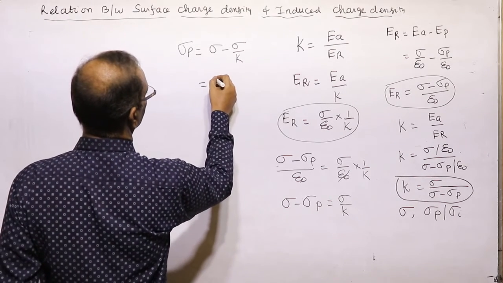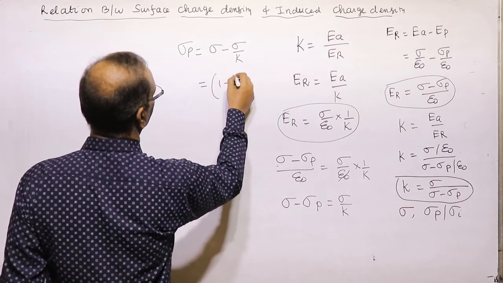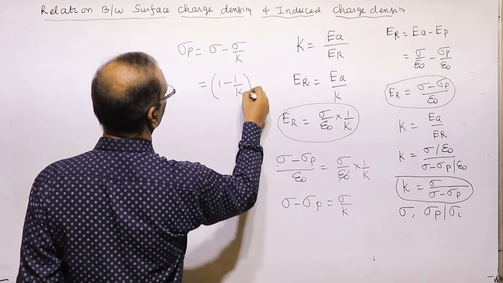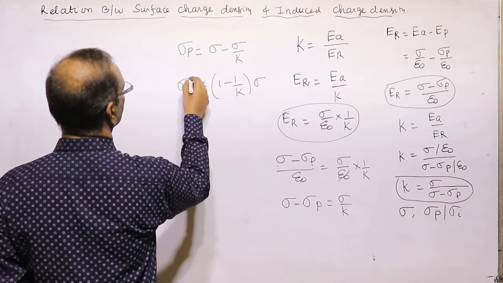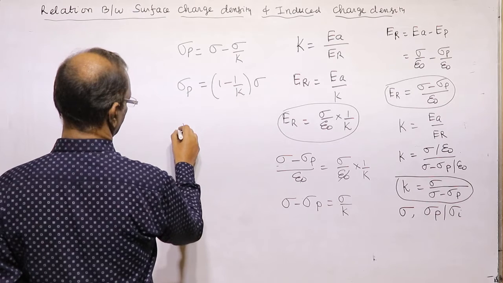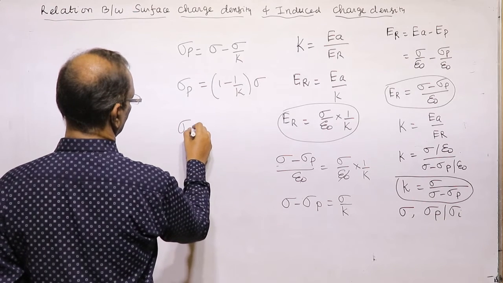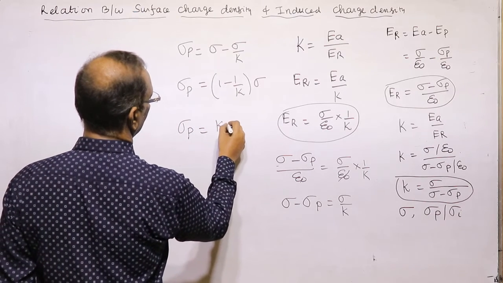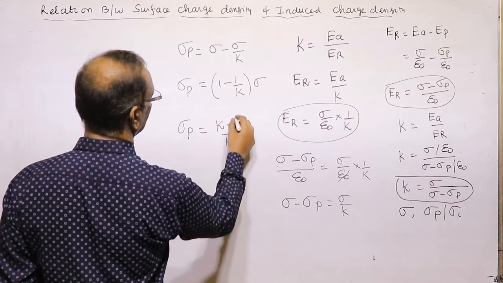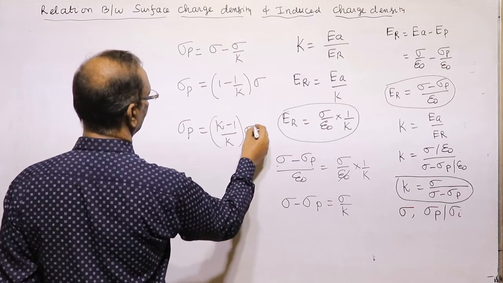This is equal to 1 minus 1 by K into sigma, or sigma P is equal to K minus 1 by K into sigma.